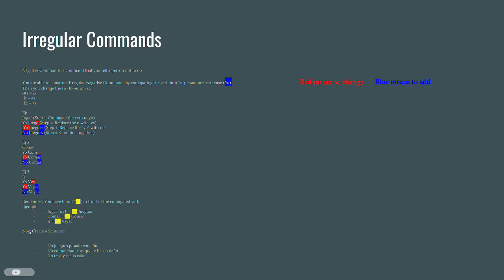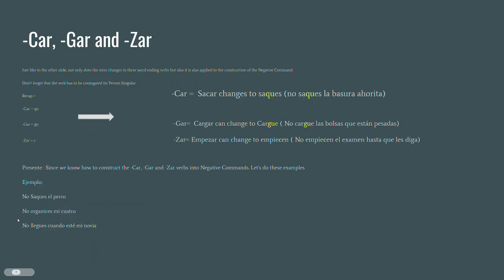Now, car, gar, and zar. Just like in the other slide, not only does the stem change in these weird ending verbs, but it also applies to the construction of a negative command. Don't forget that the verb has to be conjugated first person singular. Recap.